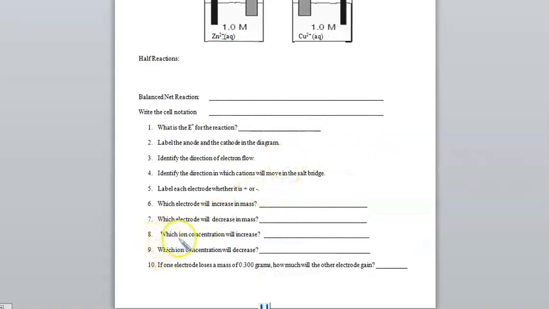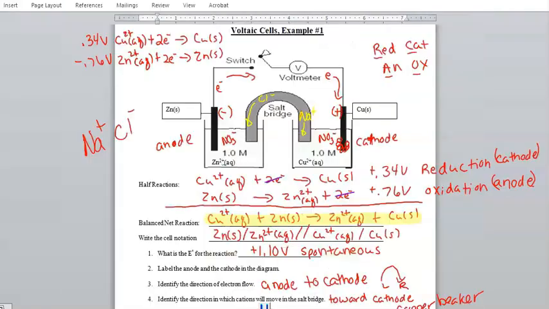It says which ion concentration will decrease. If I go back 2 of them, can you see that because the copper ion is going to copper solid, we're going to be losing copper ions? Yet my zinc metal is the one that's decreasing, and it's going into ions.